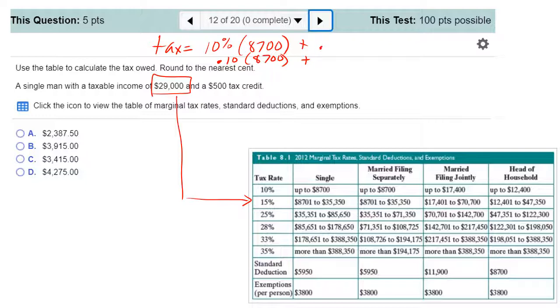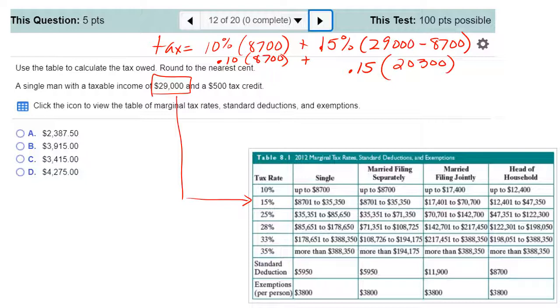So the 15% would be his $29,000 minus the $8,700 that we've already calculated at 10%. So basically, of his full income, he is paying $20,300 at 15%.